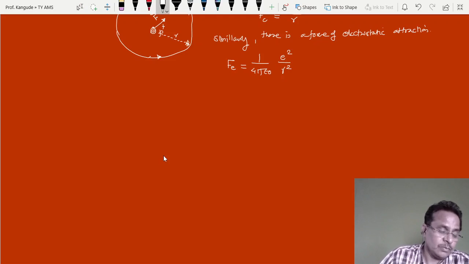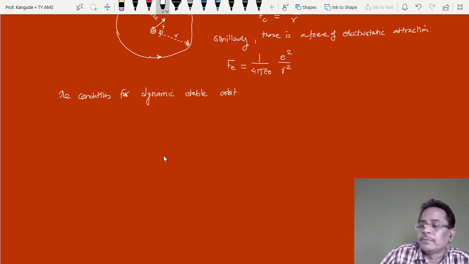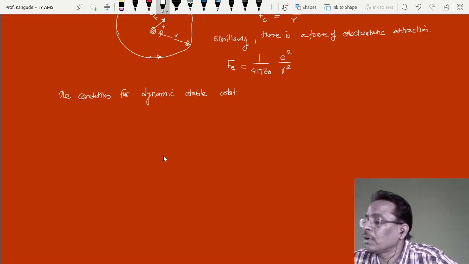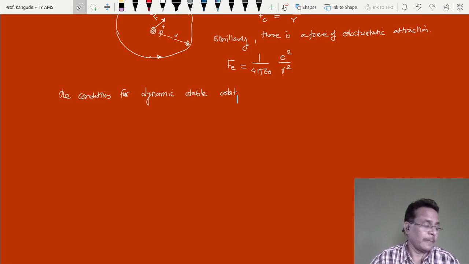Now the condition for a dynamically stable orbit. This is a very simple condition.